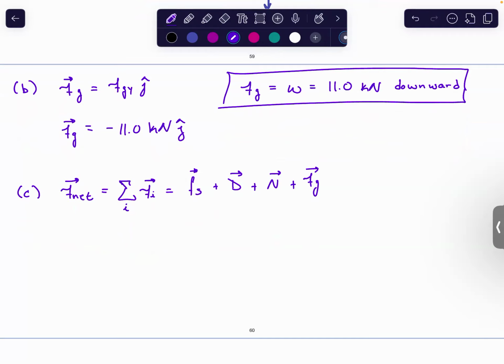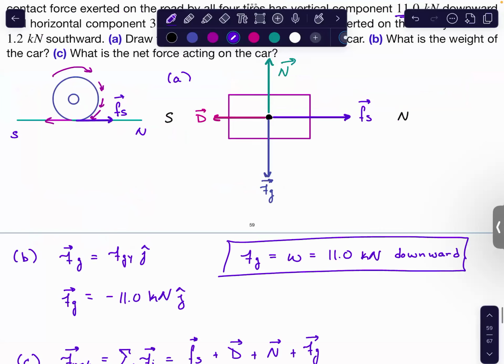So let's look at the sum of our forces in the x direction. That's going to be our frictional force plus our drag force. Now, if we think about this, we have a plus x and minus x, plus y, minus y.